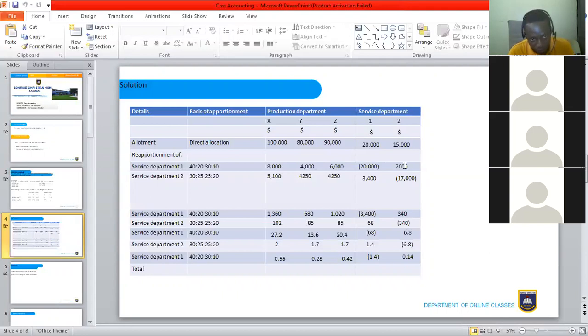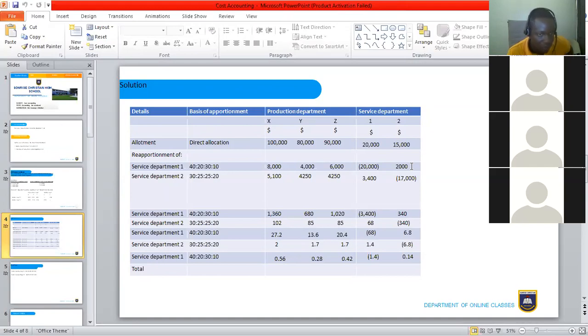Now, what we need to do is to apportion service department 2 cost. Previously we had 15,000. Later, when we were reapportioning service department 1 cost, we had 2,000, which was sent to service department 2. Do not forget, the focus is on reapportioning service departmental costs.